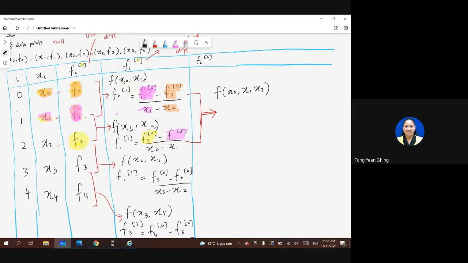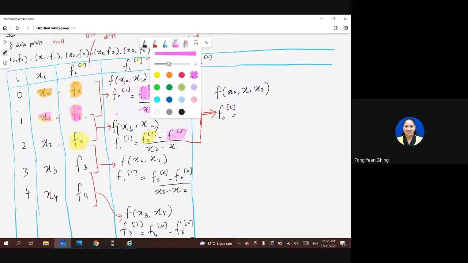So sekarang saya punya divided difference will become, yang ni f0 2, sama dengan yang tadi kita cari, this value.